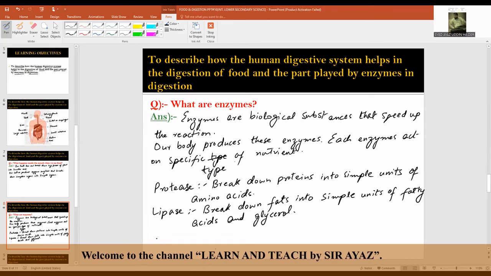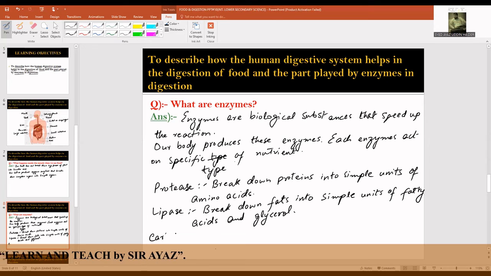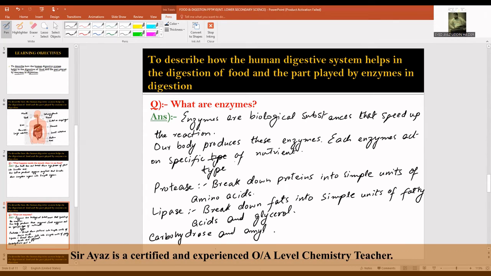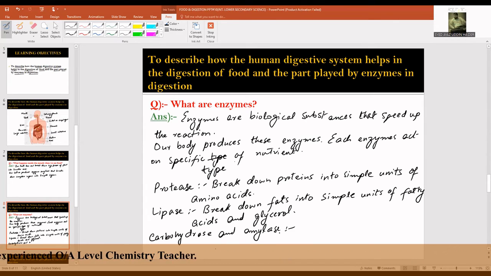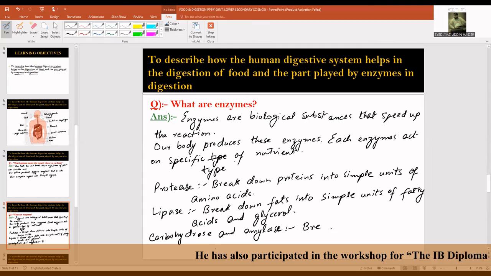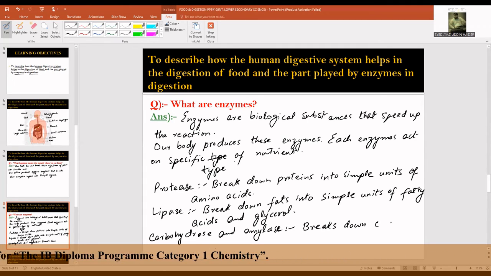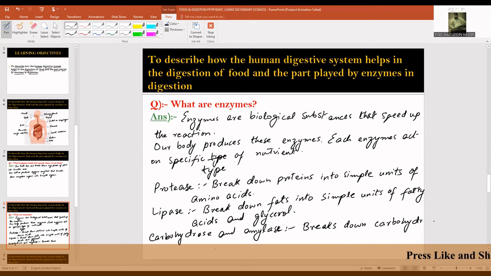Carbohydrates and amylase: amylase breaks down carbohydrates into simple sugars.